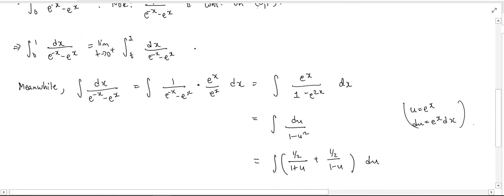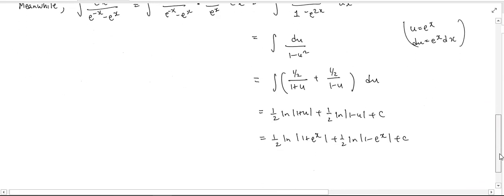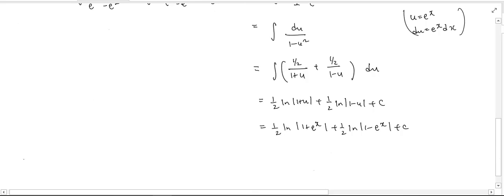Let's go back to what we want. We want the integral from 0 to 1 of dx over e raised to negative x minus e raised to x. Sabi natin, this is just the limit as t goes to 0 from the right of the integral from t to 1 of dx over e raised to negative x minus e raised to x.